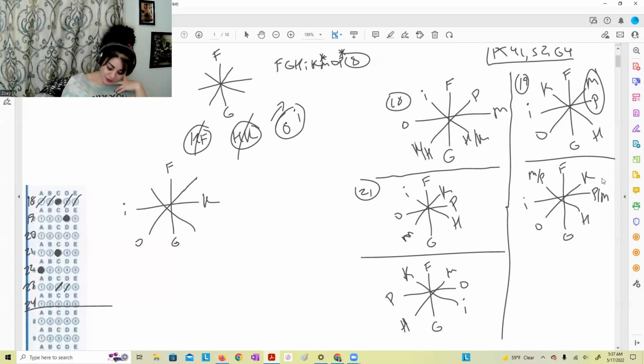So let's start with just this and ask, what else would get filled in here? Well, H can't be next to either F or K. So this isn't going to work. This is dead because we have nowhere to put H. Like H cannot go in any of these spots. So let's try moving this around some more.